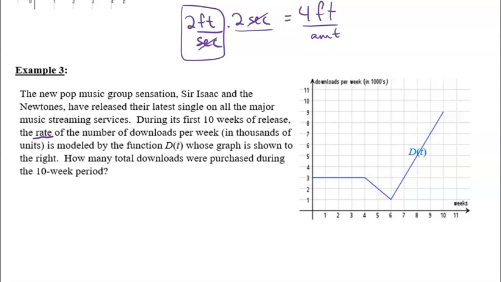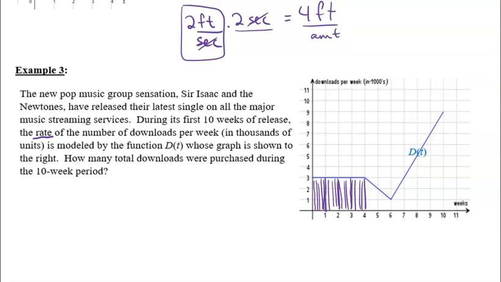Okay, so over the first 4 weeks, well, actually, let's just look at the first week. In the first week, there was a constant rate of 3,000 downloads per week, okay? So in other words, 3,000 downloads happened during week 1. During week 2, another 3,000. During week 3 and week 4, another 3,000, okay? So what we see is the area right here represents the total number of downloads over the first 4 weeks.